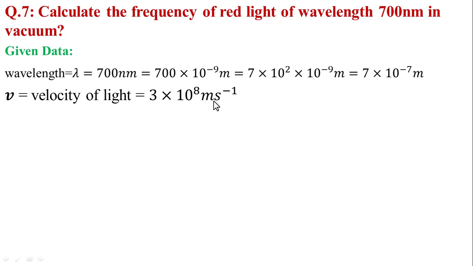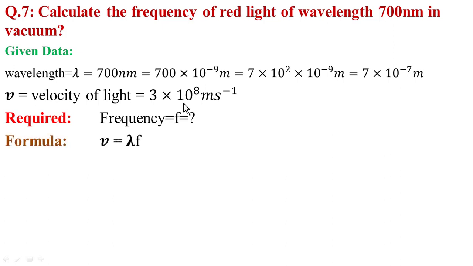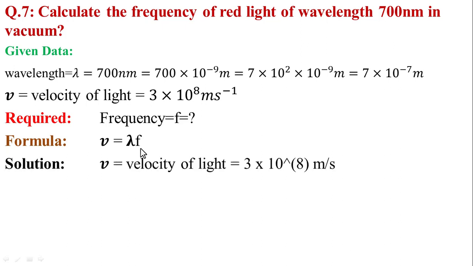And velocity v is equal to the velocity of light, so 3 multiplied by 10 raised to power 8 meter per second. We can find the frequency f using the formula v is equal to f lambda. Here v is the velocity of light, 3 multiplied by 10 raised to power 8 meter per second, lambda is the wavelength and f is the frequency.